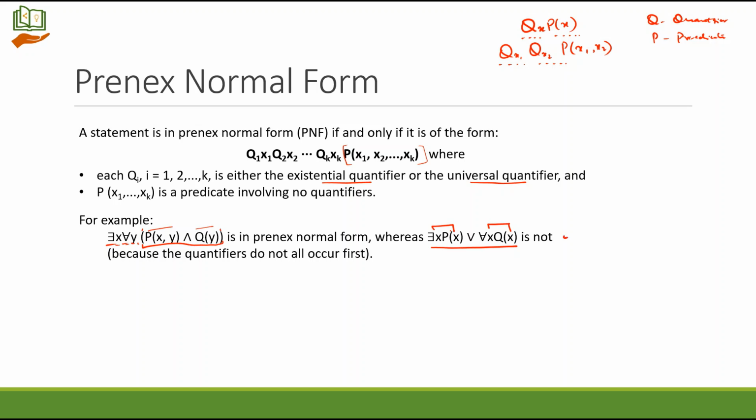This is not in PNF, because the quantifiers do not all occur first. That's why we are saying it is not in PNF. Whenever the quantifiers occur before the predicate altogether, that is called Prenex normal form.